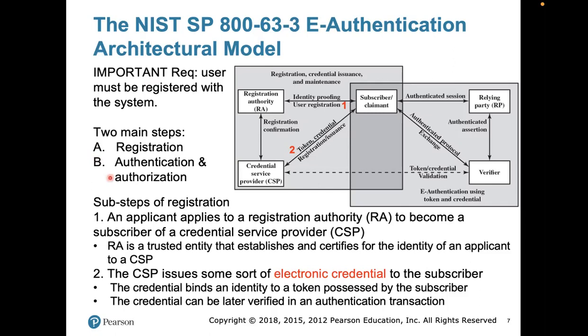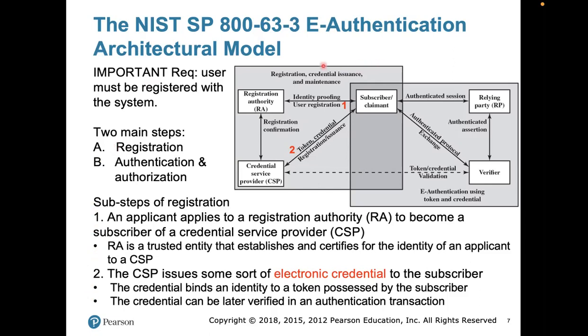I'll also say what authorization is later in this slide. Okay, so here is the general model, and I'm going to talk first about registration as the first step. Registration by itself has multiple sub-steps that I've listed here, and I'm going to talk about them.